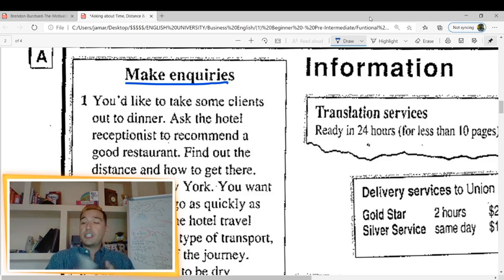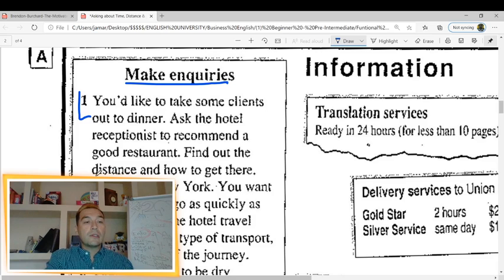Okay, situation number 1. Can you read our situation, please? You'd like to take some clients out to dinner. Ask the hotel receptionist to recommend a good restaurant. Find out their distance and how to get there. Thank you.